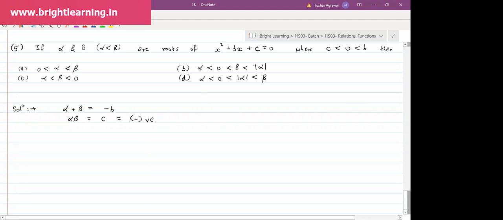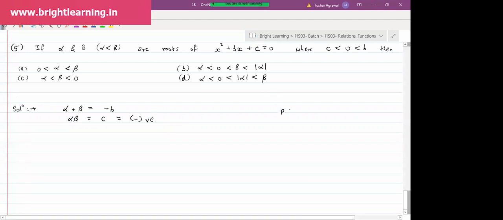What I have told you is that alpha beta, that means the product of the roots, is negative. In complex numbers, I have already told you that if the quadratic equation does not have real roots, if the roots are complex, then the complex roots always occur in conjugate pairs. This you already know.